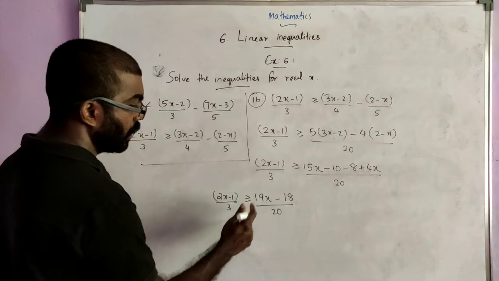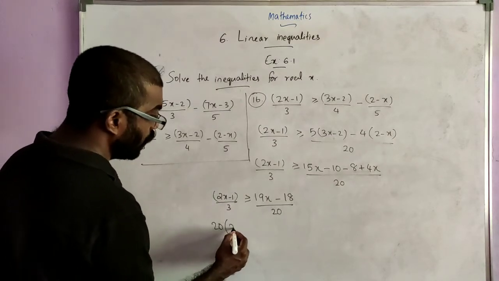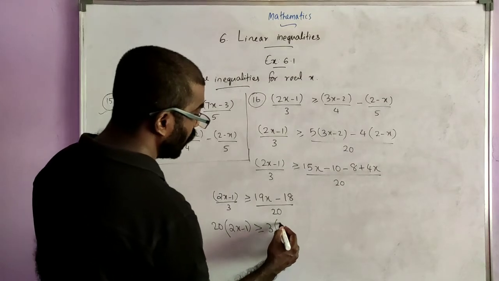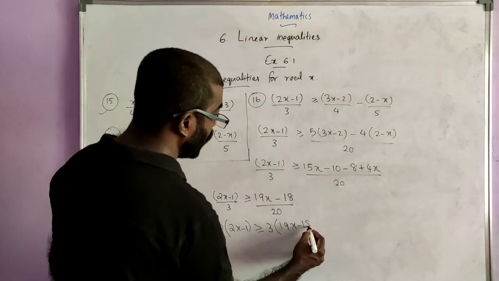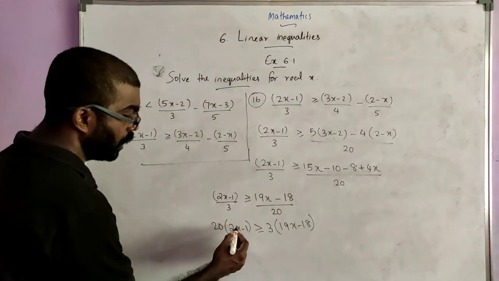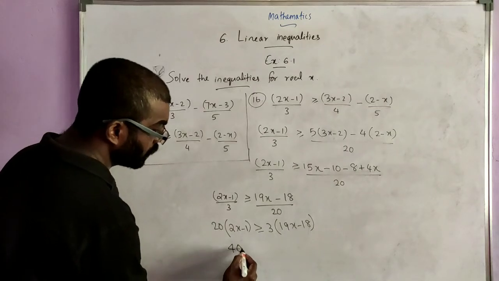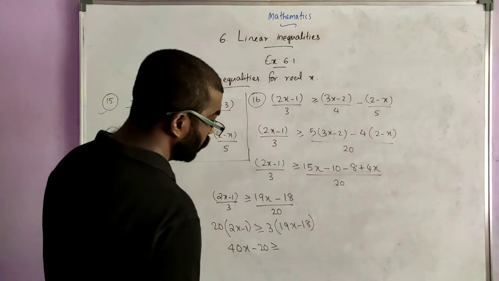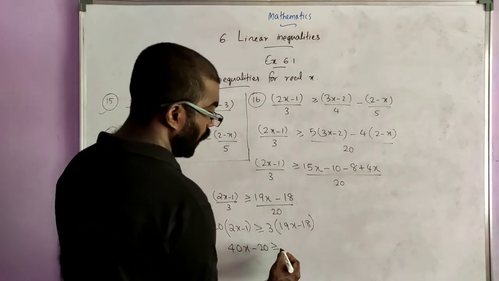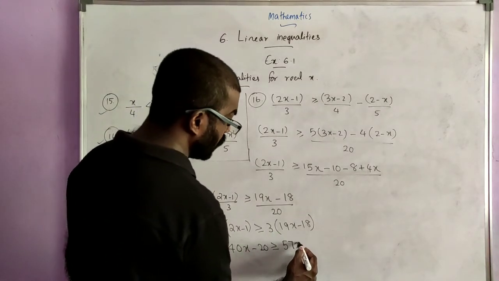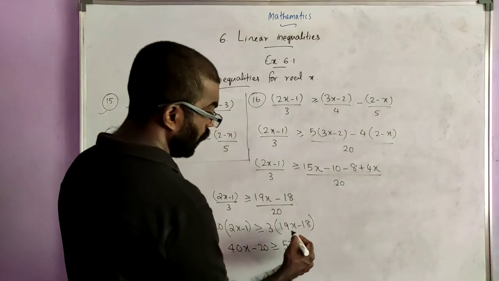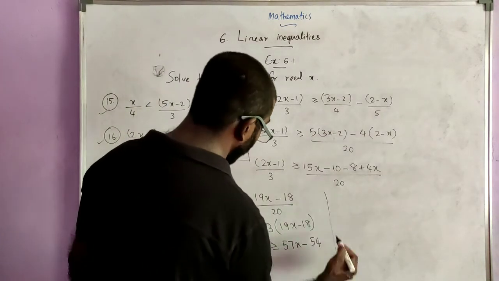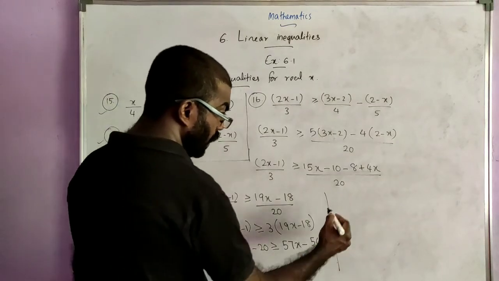This 20 and 3 we can cross multiply. 20 into (2x minus 1) greater than or equal to 3 into (19x minus 18). 20 into 2x, 40x, minus 20 into 1, 20, greater than or equal to 3 into 19x, 57x, then minus 3 into 18, 54.